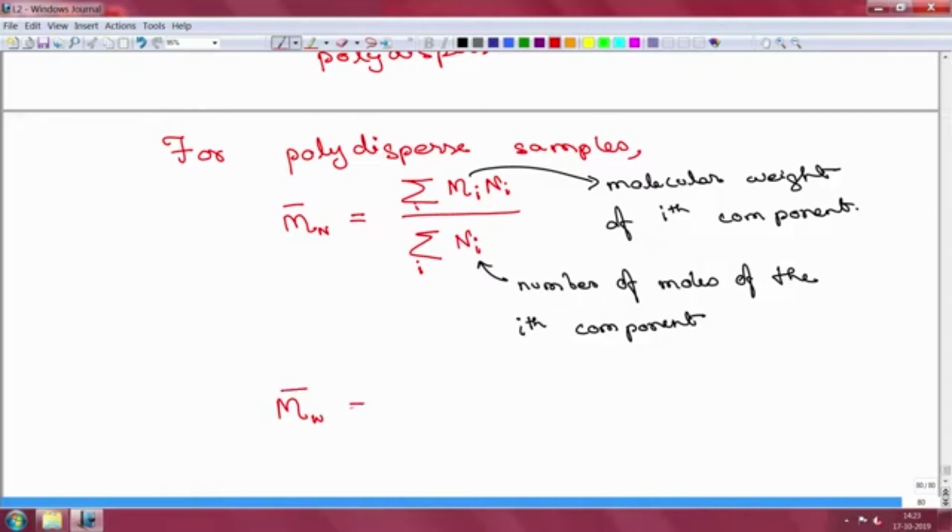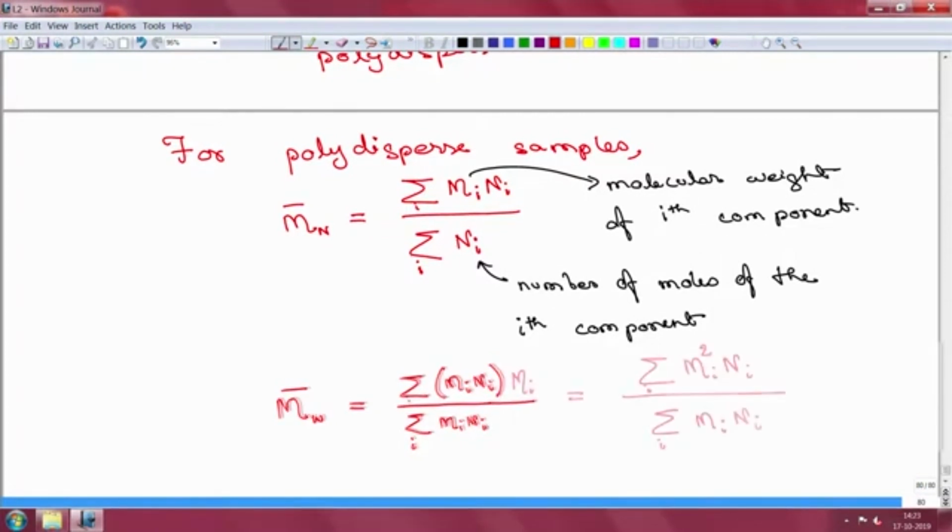Weight is a slightly misleading term, it should be mass. So, if you want to understand it in those terms, you have Mi Ni, where Mi and Ni are the same as we discussed before. This is a summation sign. On the top you have again Mi Ni, which is some measure of mass of the ith component, multiplied again by the number of moles of that.